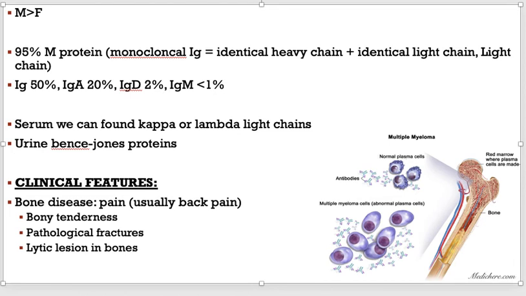So lytic lesions on the bones involve the skull, spine, long bones, as well as ribs. So they give all these things.